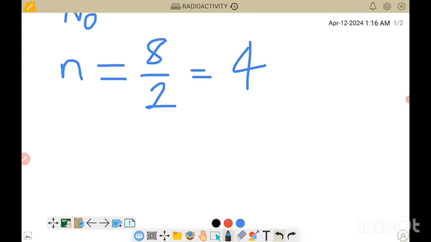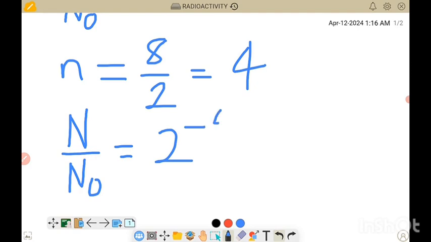And going back to n over n naught, this is equal to 2 raised to power minus 4, and mathematically that will be 1 over 2 raised to power 4.